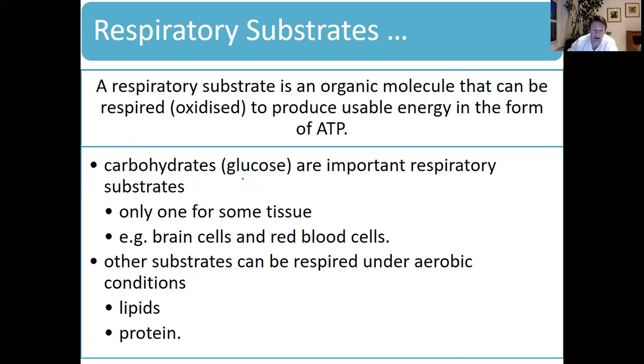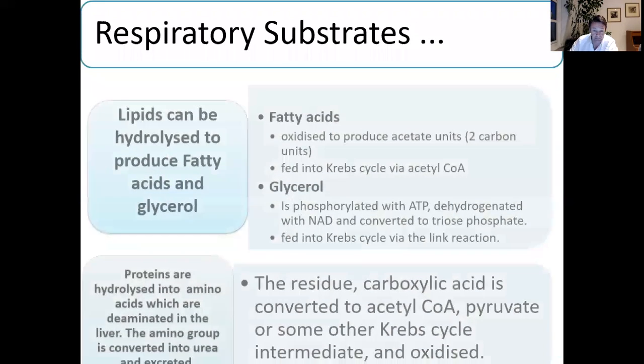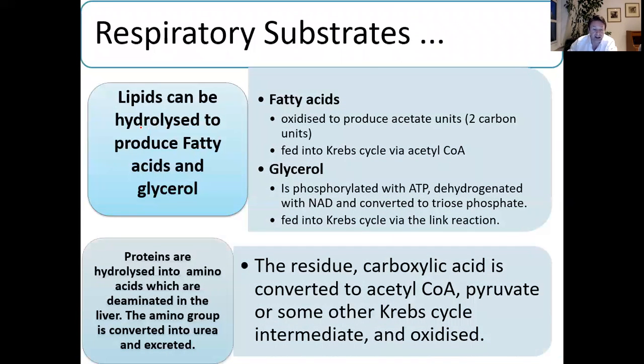Carbohydrates are important, and glucose is particularly important because there are some cells which can only use glucose. But most other cells can respire lipids and proteins. So you can take lipids and hydrolyze the ester bond to produce the fatty acids and the glycerol.